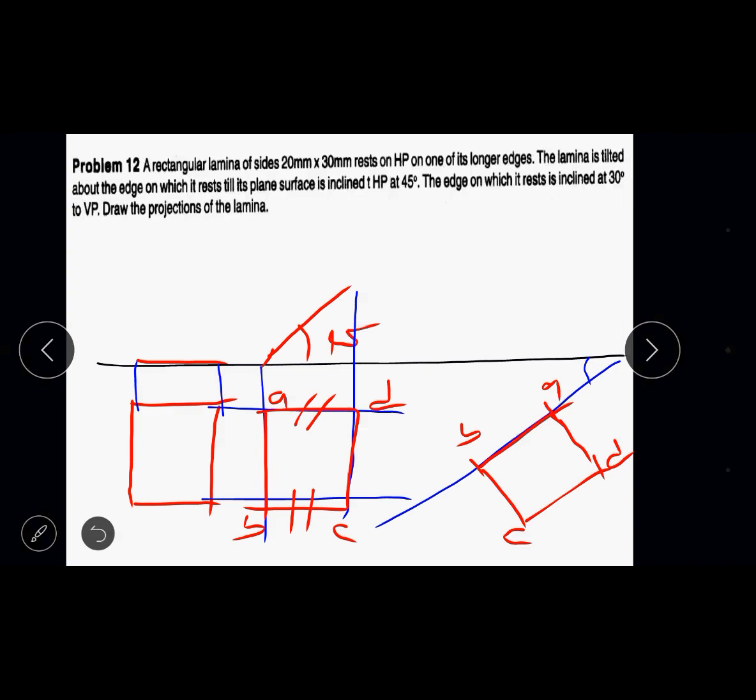The longer side AB is the reference. First you define the line AB on the 30 degree line, then with AB as a reference, you complete the lamina.